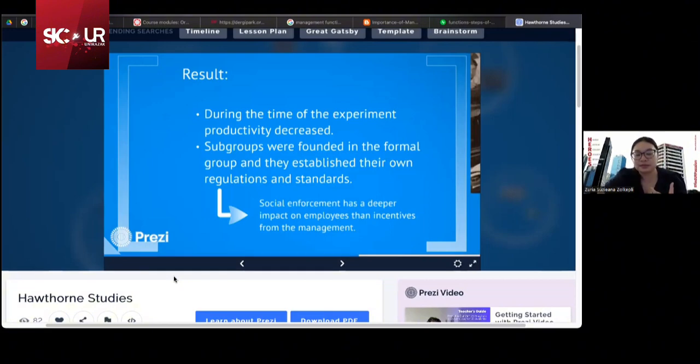So as management, from this experiment, we have to identify what makes these employees behave in this way. The social enforcement has a deeper impact on employees than incentives from the management. The results found that social enforcement has a deeper impact.